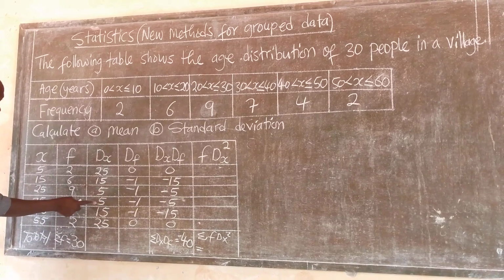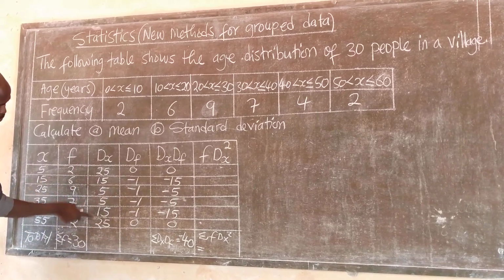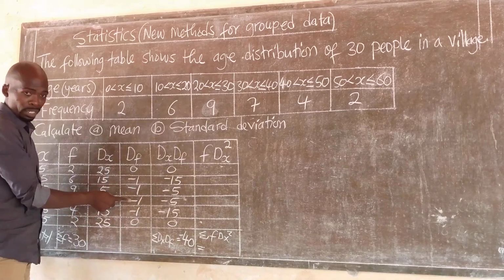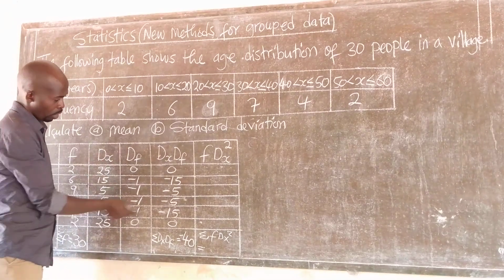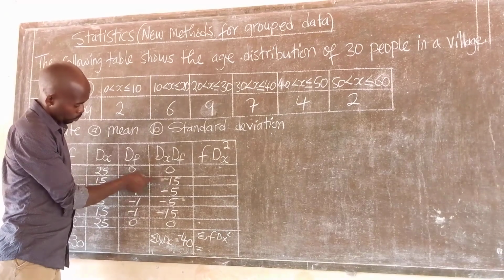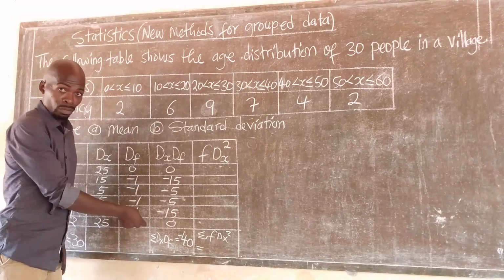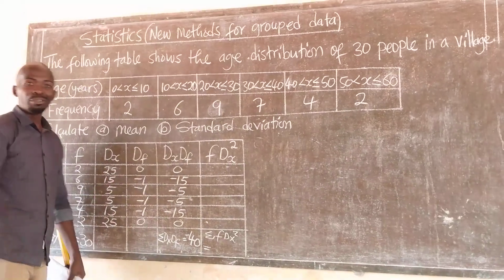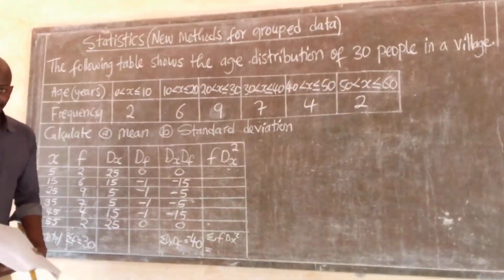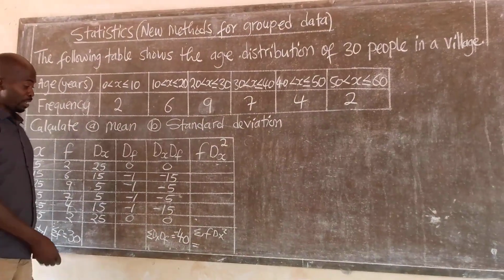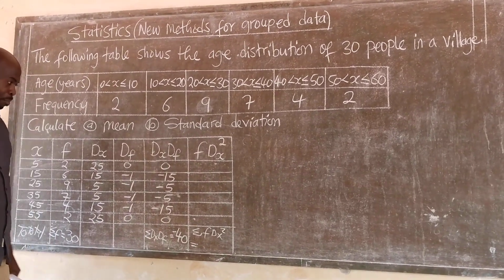We have 5 here, 5 here, 15 there, 15 there, 25, 25. Here we have negative 1, negative 1, negative 1, negative 1, 0, 0. We have negative 5, negative 5, negative 15, negative 15, 0, and 0. That in fact makes even this table simpler than other types of statistics tables that we create.